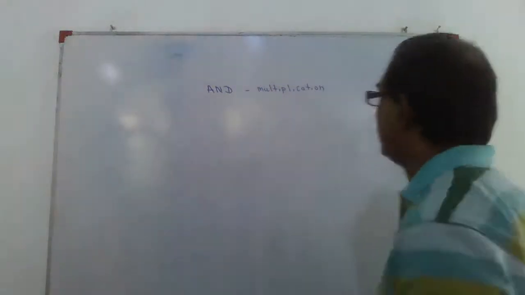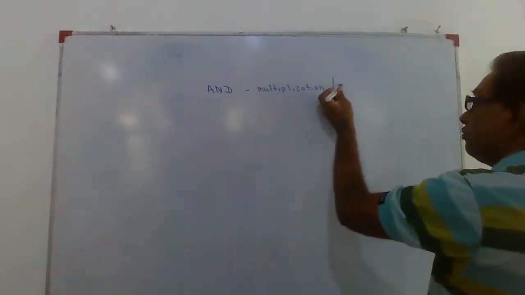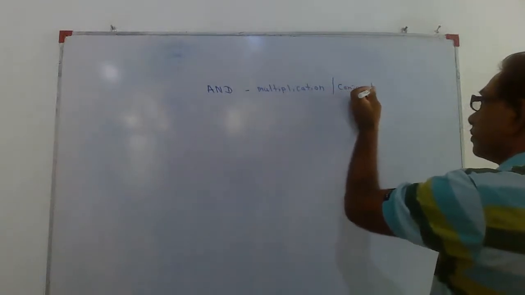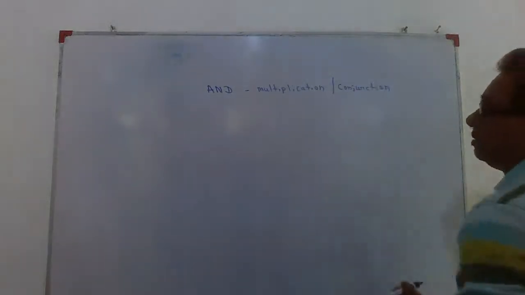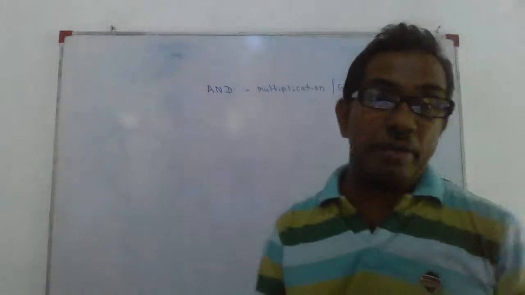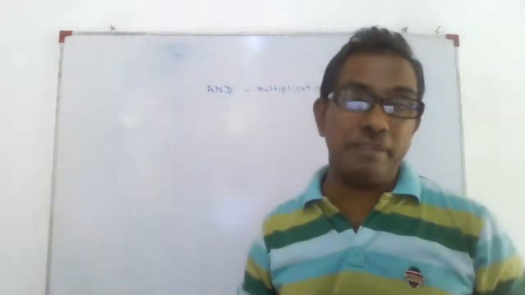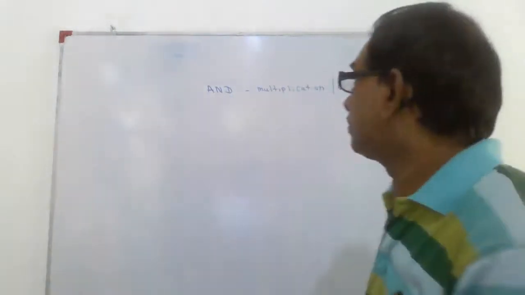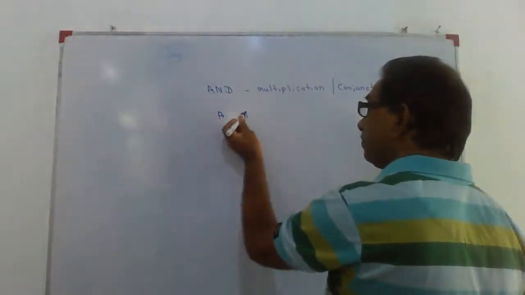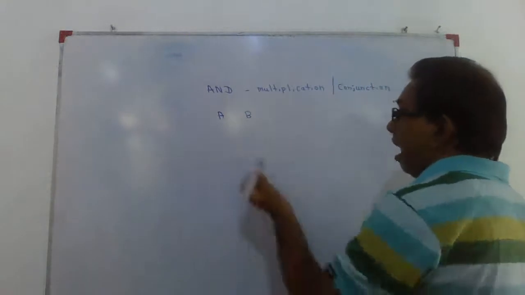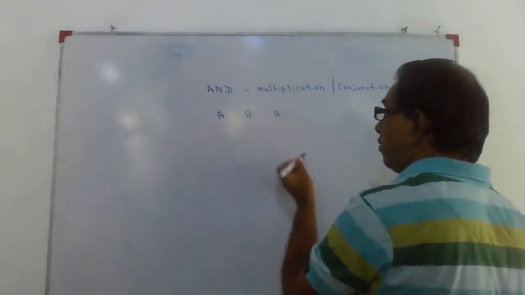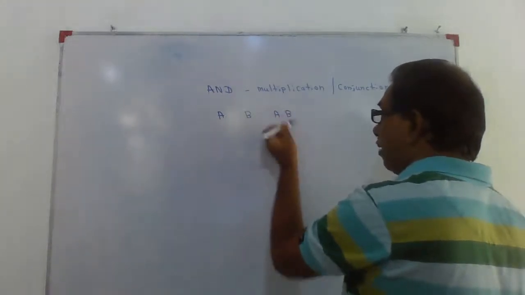Sometimes we explain it as conjunction. We need two values in order to understand the multiplication. So I would like to take A and B. After multiplying A and B, we are going to take the output as A AND B.